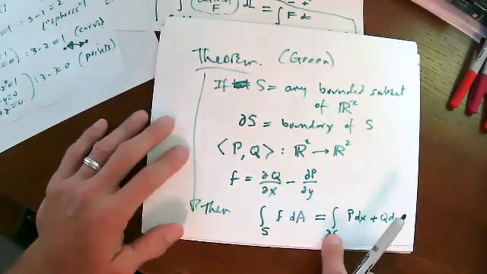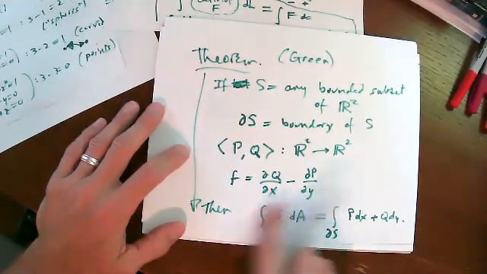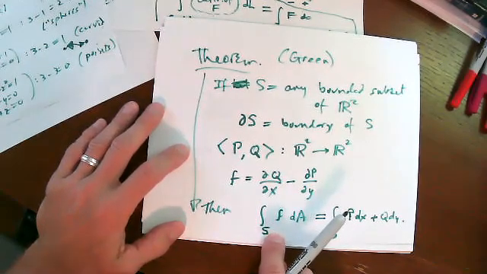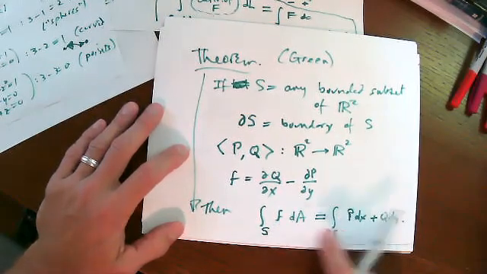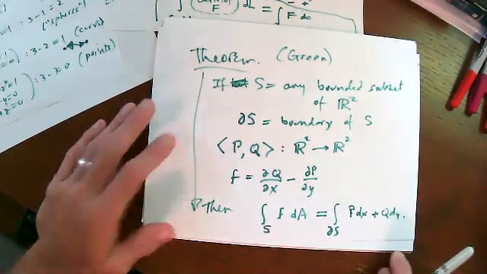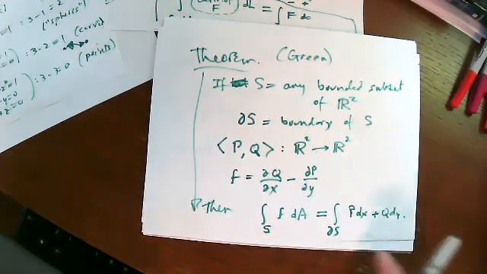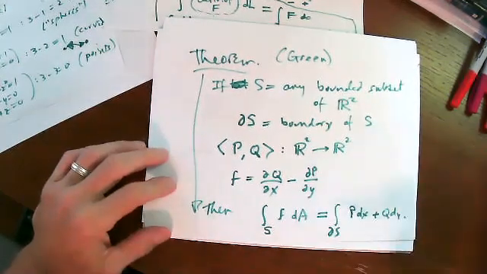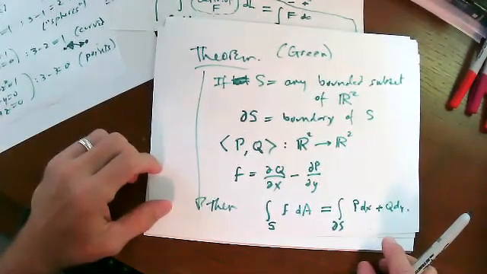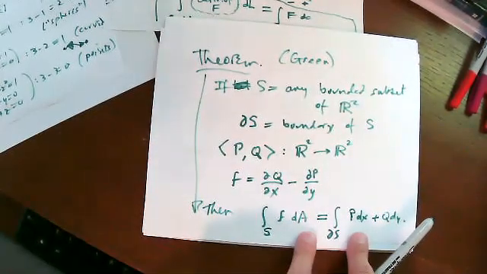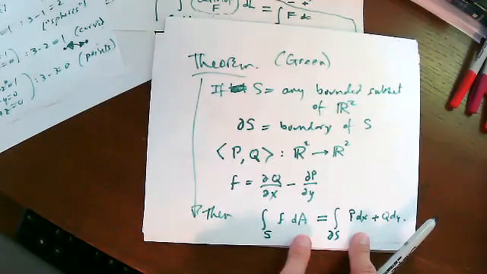But probably for a lot of you guys, this left-hand side, in general, feels easier because you just use Fubini's theorem to evaluate this kind of a thing. Whereas the line integrals, I know a bunch of you guys don't like that because you have to start parameterizing curves. And so you might be tempted to go that way. And Green's theorem says, doesn't matter. You can go either way you want. The theorem merely asserts that these two integrals are equal.